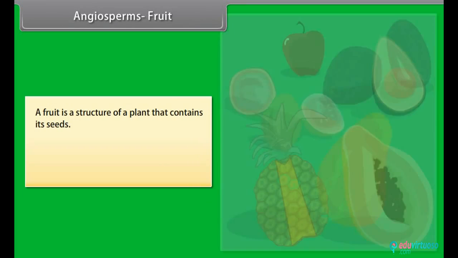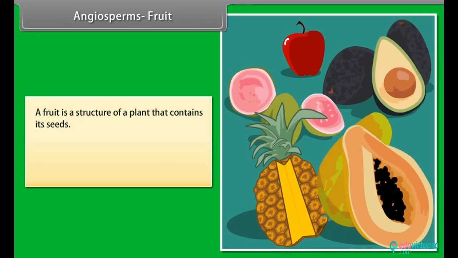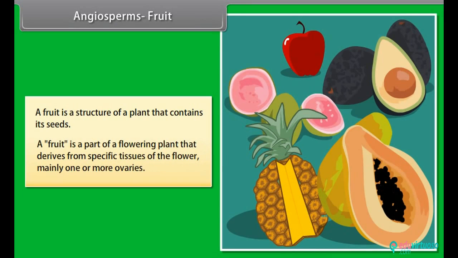Angiosperms: Fruit. A fruit is a structure of a plant that contains its seeds. A fruit is a part of a flowering plant that derives from specific tissues of the flower, mainly 1 or more ovaries. Angiosperms: Seed and seed dispersal.